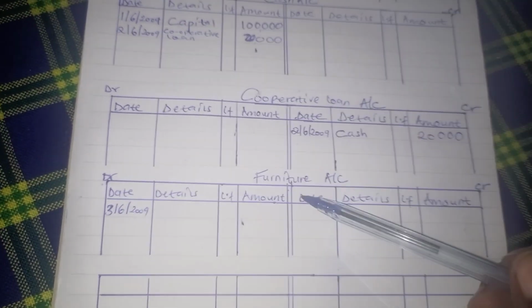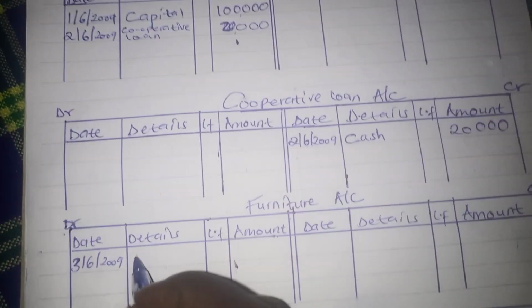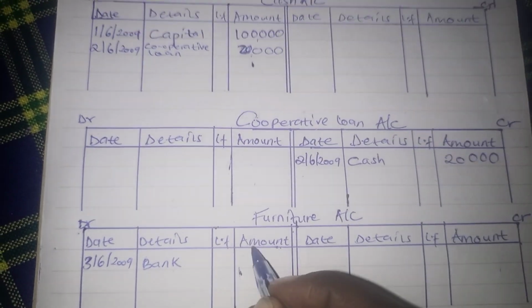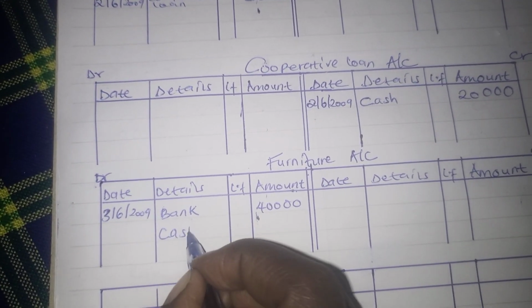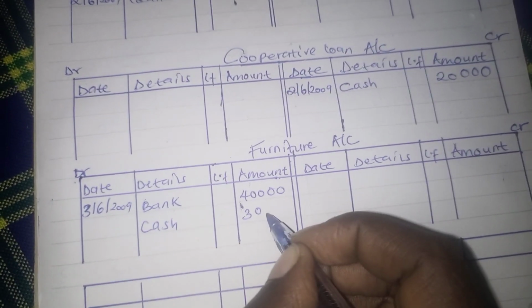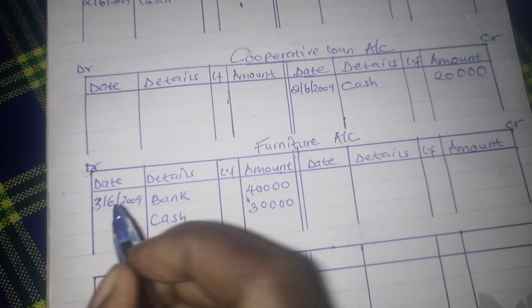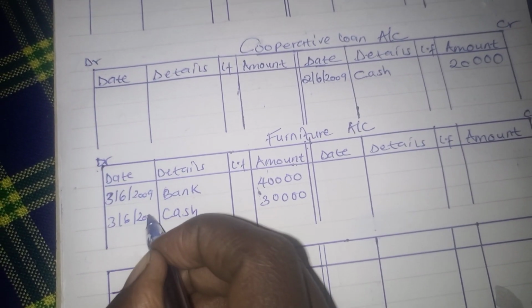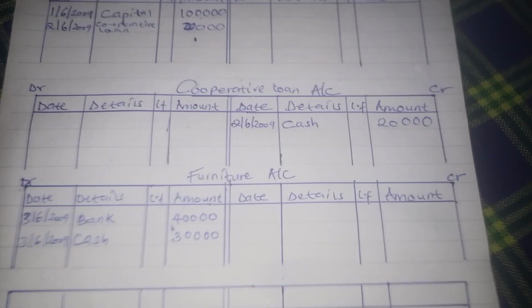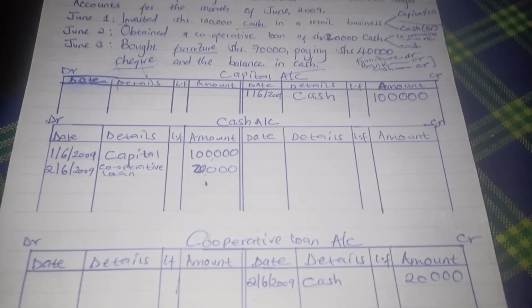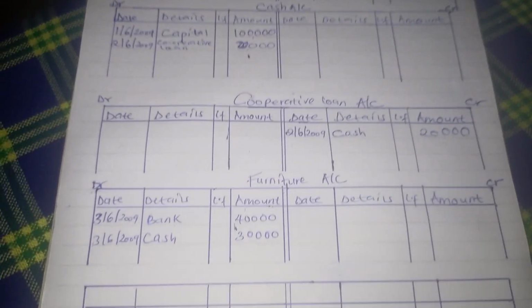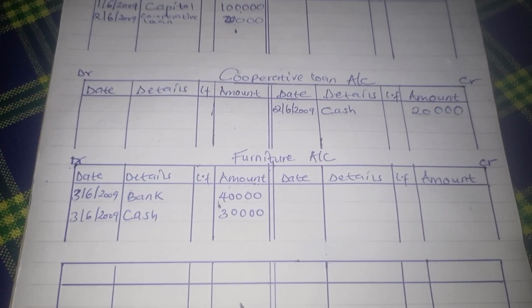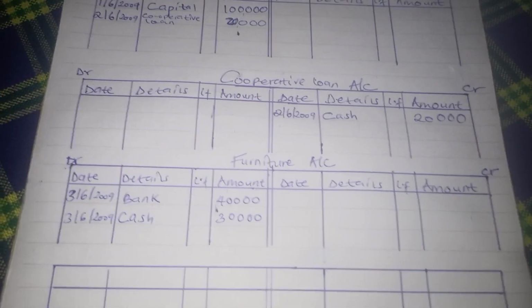It was paid through bank, whereby bank was 40,000, and also cash, which was 30,000. That is how, learners, you're supposed to break it down. The question clearly says that it was paid partially by check of 40,000, the balance in cash. That is why you have to break it down like that.